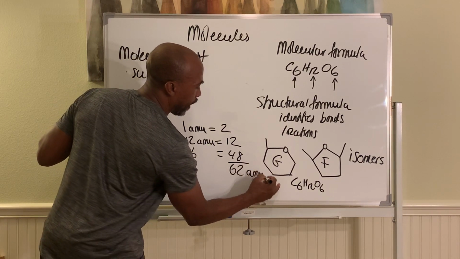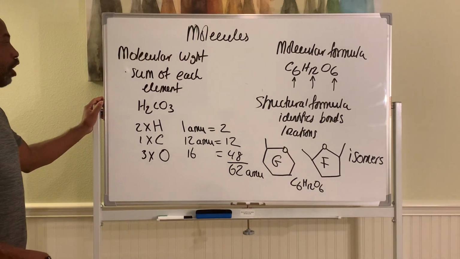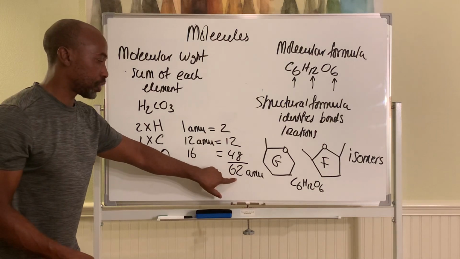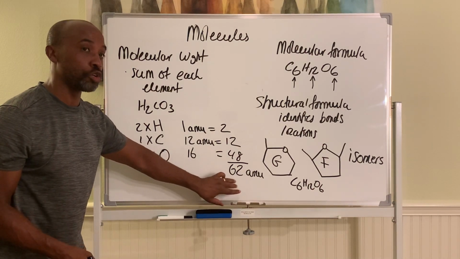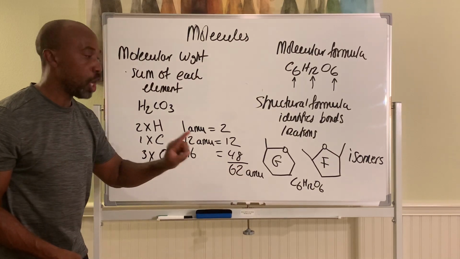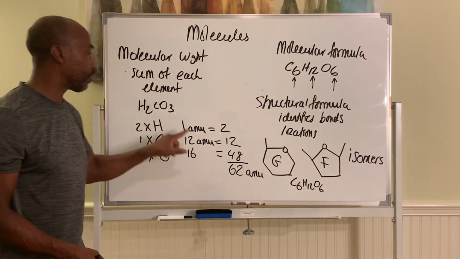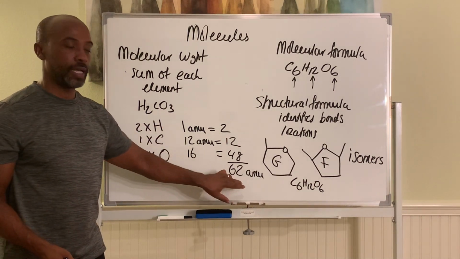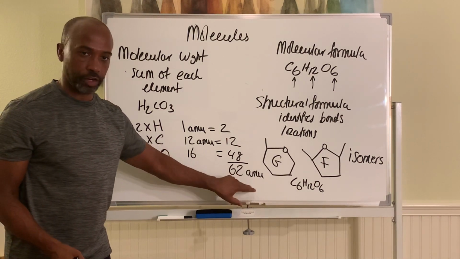That is the molecular weight of carbonic acid. Again, it's not 62 grams, it's 62 AMUs. One molecule of carbonic acid weighs 62 atomic mass units, not grams.